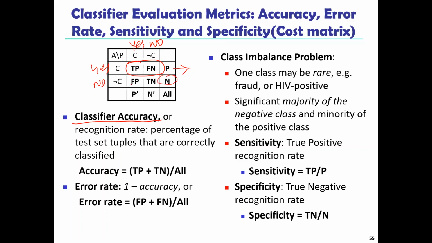N is the total of false positive and true negative. All is the total of all values. So classifier accuracy, or recognition rate, is the percentage of test set tuples that are correctly classified. Here we have the formula: accuracy is equal to true positive plus true negative divided by all. A plus D divided by A plus B plus C plus D.